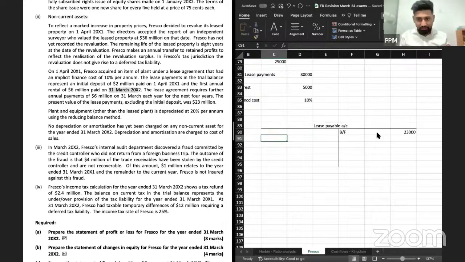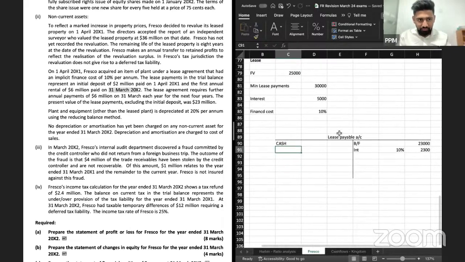It's in arrears, so you have finance cost, right, which has to be accounted for. So you have your interest. Interest is going to be 10%, don't forget, this into this gives you 2,300. Every year, you're going to make a cash payment of 6,000.